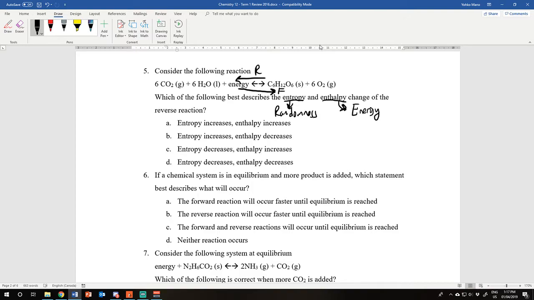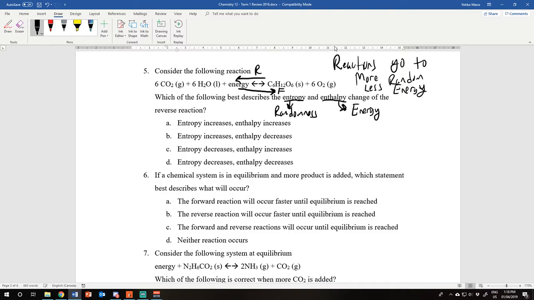So chemical systems generally want to go towards full randomness. Okay, so chemical reactions go to more random and less energy in general, less energy.